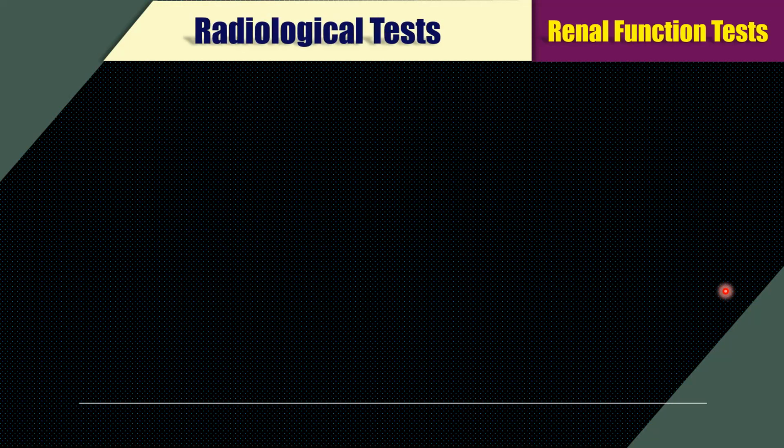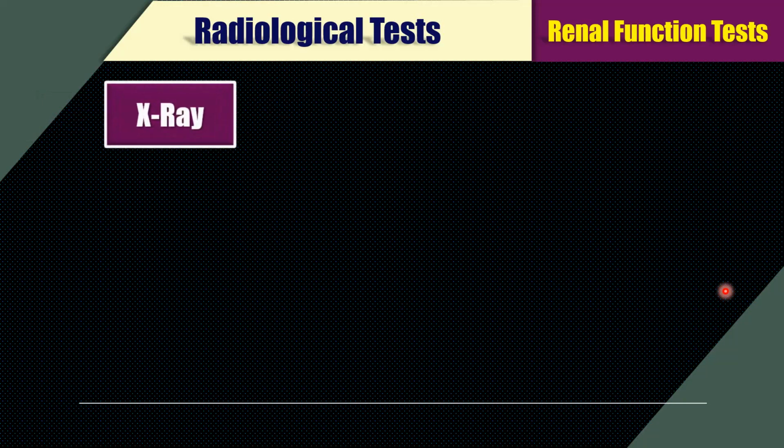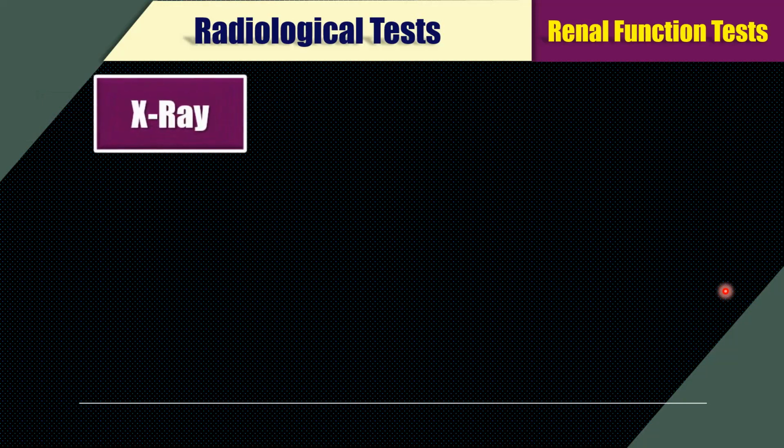The last category of renal function tests is radiological tests or imaging techniques. First and foremost is X-ray, just plain X-ray. With X-ray we can detect various renal stones. They could be in the pelvis or ureter or bladder.